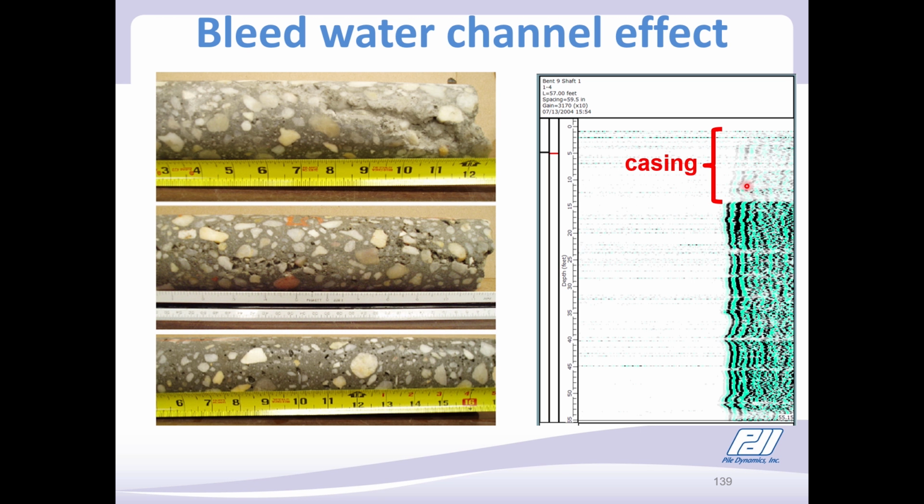The water cannot escape laterally, so it has to escape vertically, and it creates bleed water channels. You can see little pinholes all over the place. That interrupts the flow of the signal from one tube to the other, and so while it's an anomaly, the actual strength of the concrete is actually fairly good.